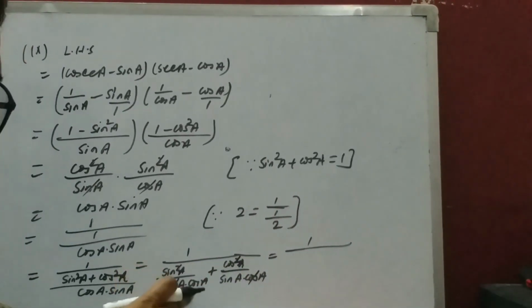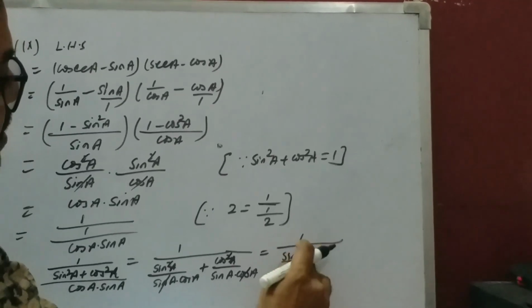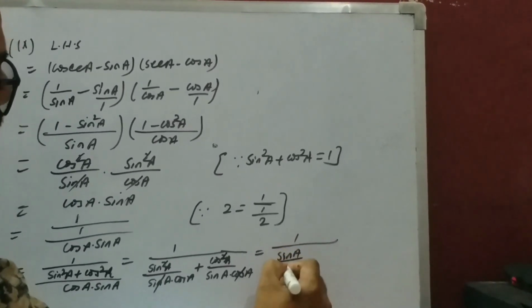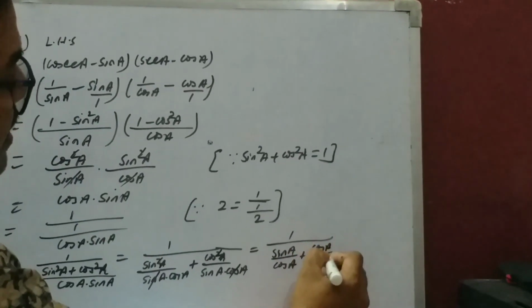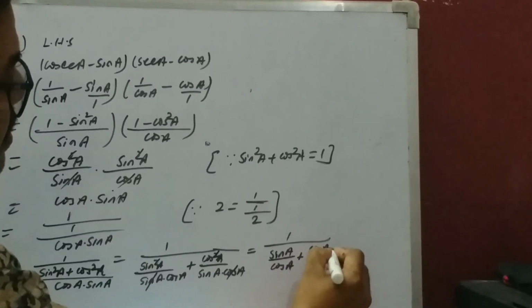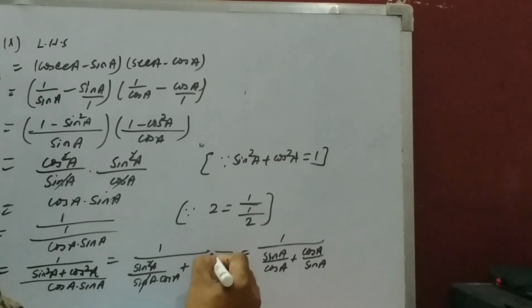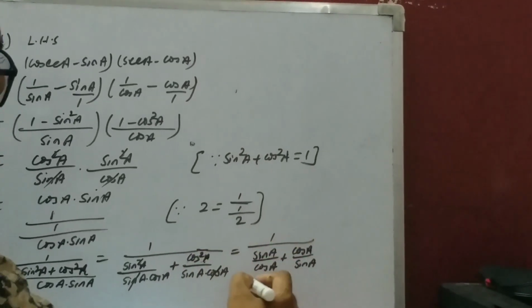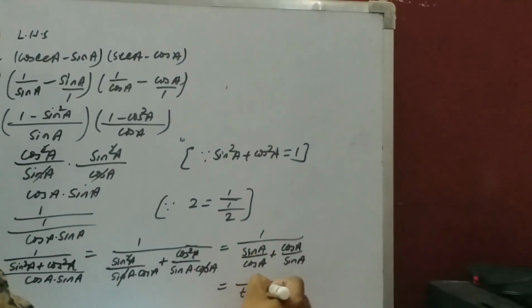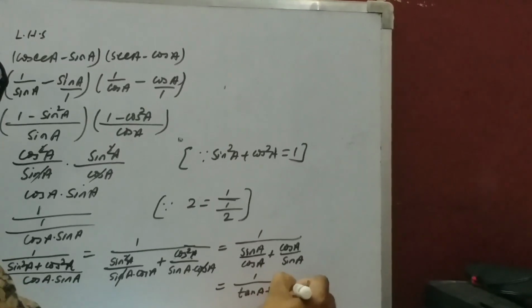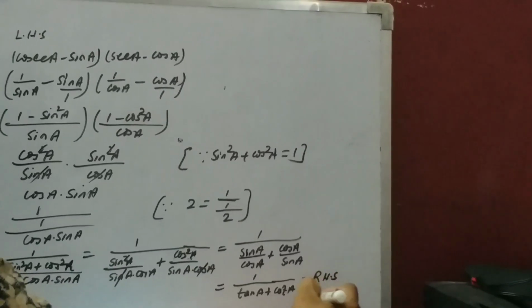So sin A by cos A, this is tan A, plus cos A by sin A, this is cot A, and this is your RHS. Hence proved.